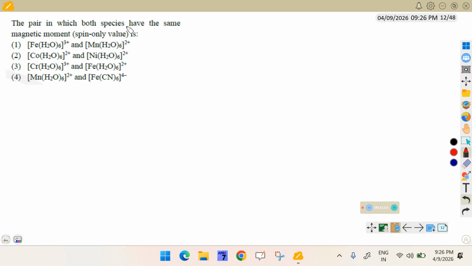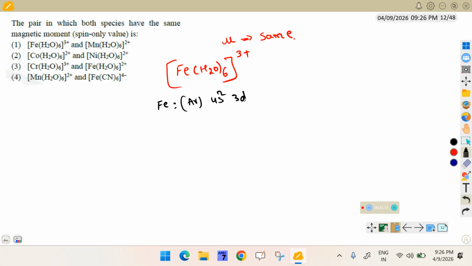In which both species have the same magnetic moment, the mu value remains the same. Take the first option, [Fe(H2O)6]3+. Iron atomic number 26, argon 4s2 3d6.